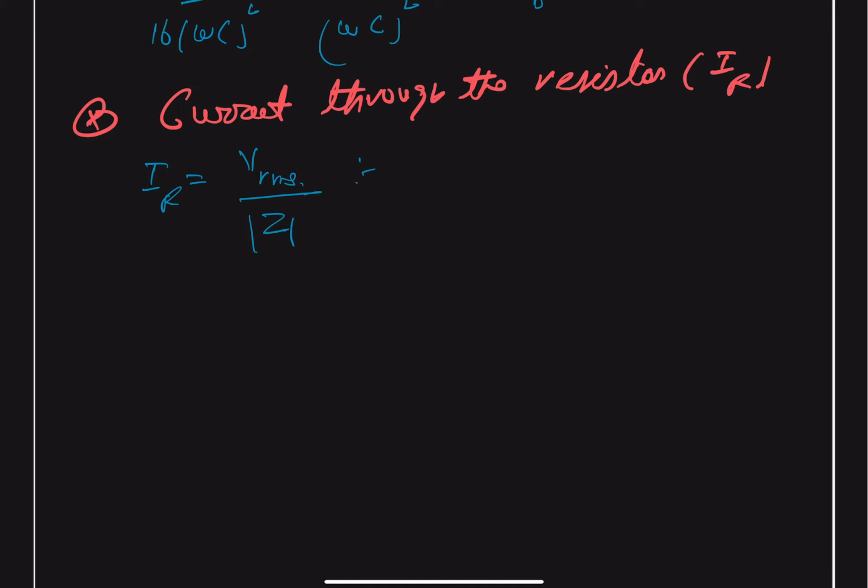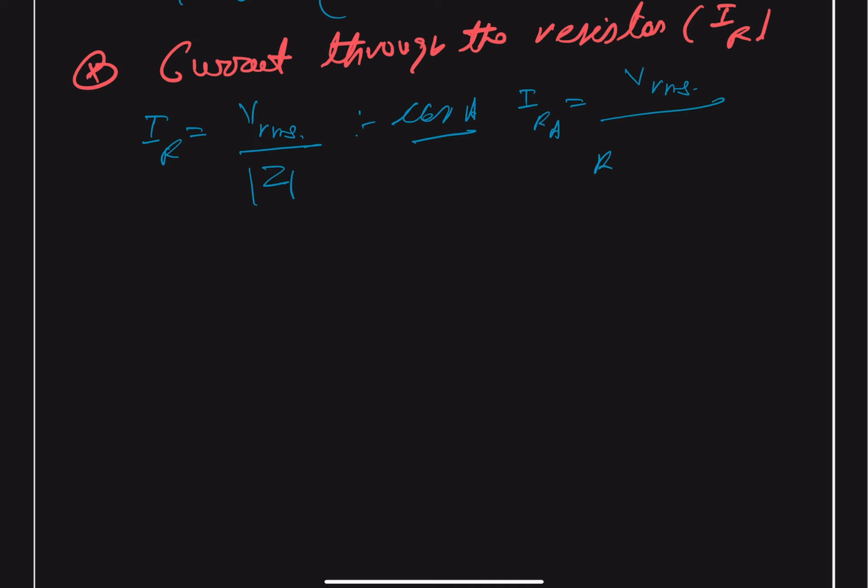For case A, we can write our IRA will be equal to Vrms divided by the impedance which we just calculated, the square root of R square plus 1 upon omega C whole square.